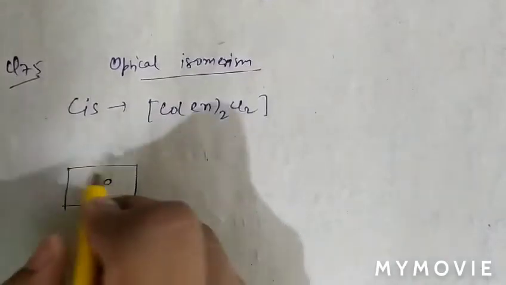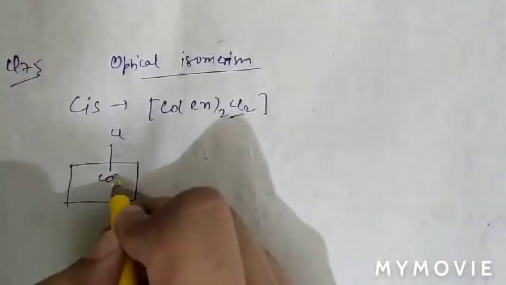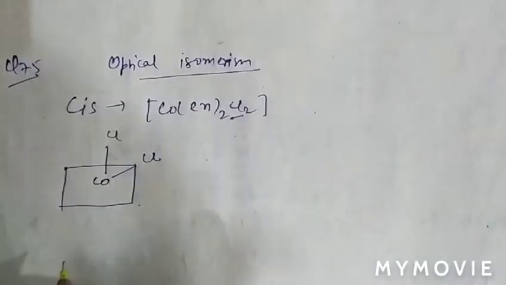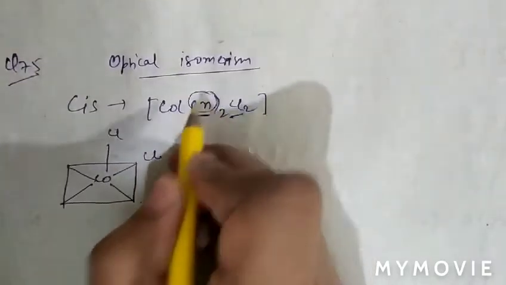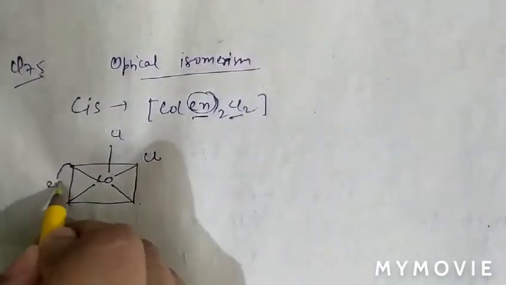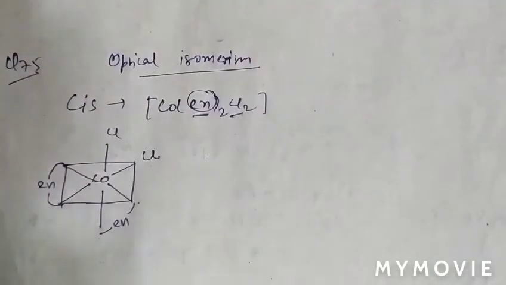Co is the central metal atom, and in the cis form the 2 Cl are at an angle of 90 degrees, while the other positions are occupied by en.